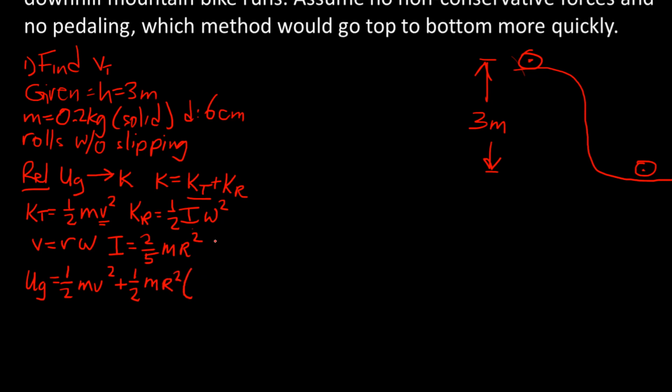And then how about this term over here? I have v equals r omega. I could change that around, dividing each side by r, and I find that omega is equal to v over r. Something handy is going to come into effect here.